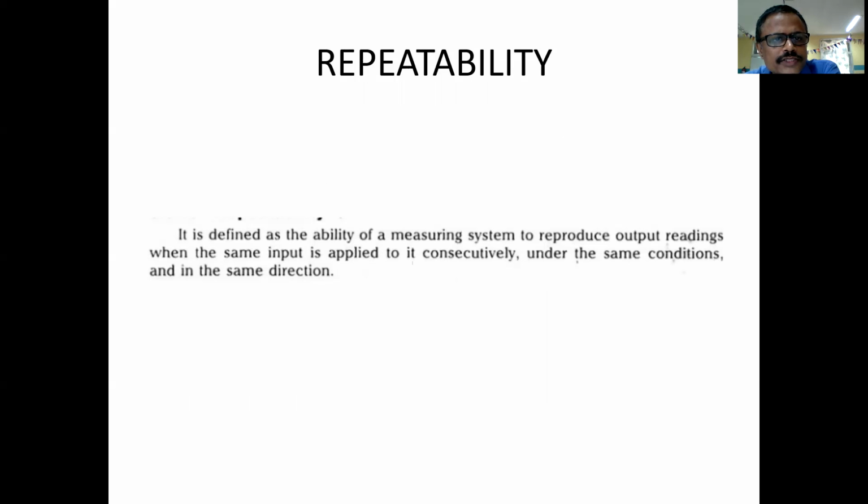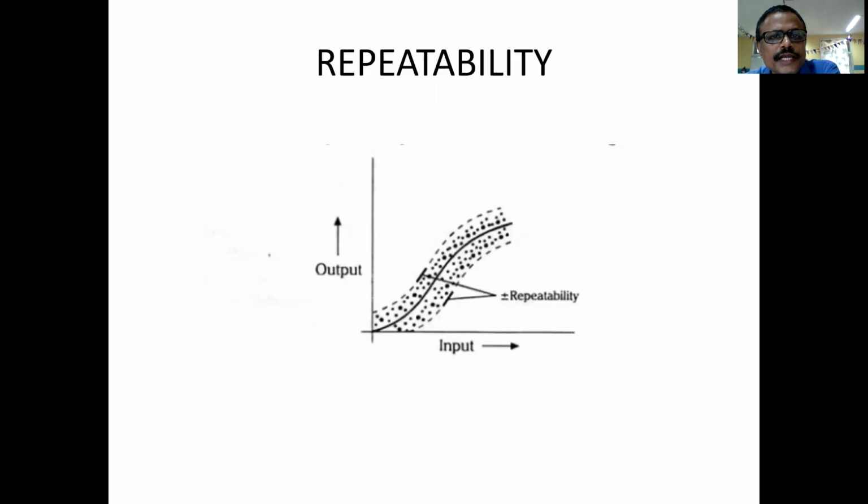Then there is also an important characteristic of measuring instrument, that is repeatability. So in the diagram, you can see the input and outputs are shown along X and Y axis. Here, the measured values or the instrument readings are plotted.